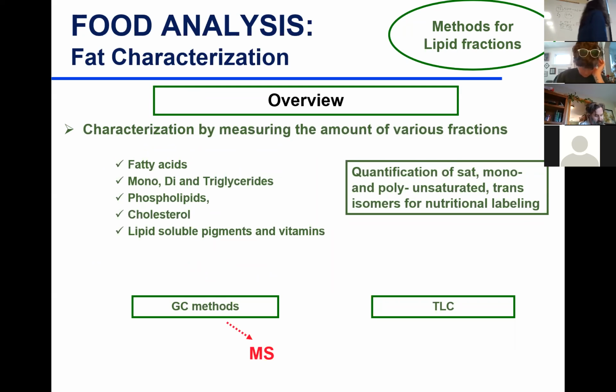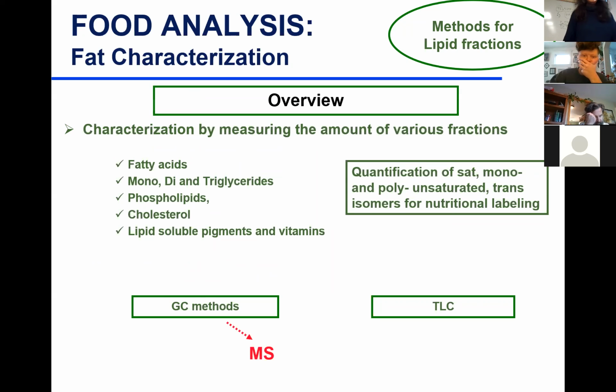Part of characterization of the oil, like we said at the very beginning of the lecture, is looking at the different components of the lipid. So you're looking at the presence of free fatty acids, mono-, di-, and triacylglycerols, phospholipids, cholesterols, and lipid-soluble pigments and vitamins.